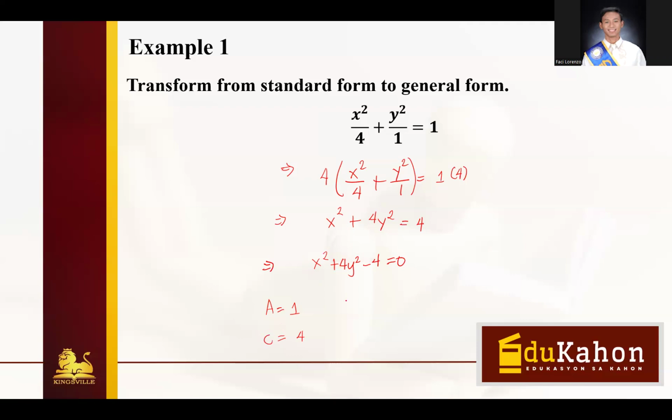Notice that a and c are not equal, but they are also not equal to 0. And they also have the same sign. So the signs of a and c are both positive. So meaning this is the general form of the equation of an ellipse.